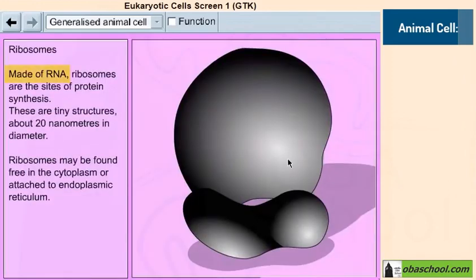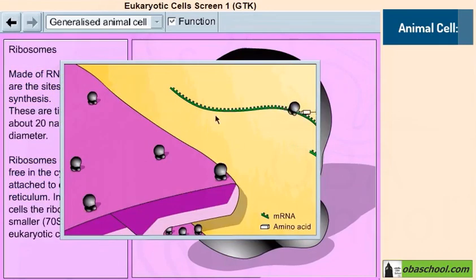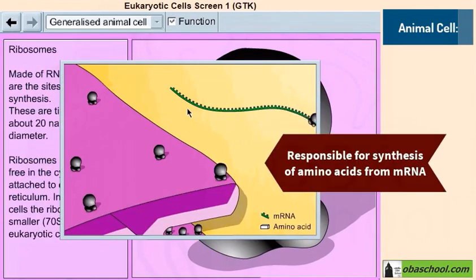The ribosomes are usually made of RNA, and they can be found at the sites of protein synthesis, as well as in the cytoplasm, or attached to the endoplasmic reticulum. We'll see later what the endoplasmic reticulum is. So as you can see here, the ribosomes are responsible for the synthesis of amino acids from mRNA.